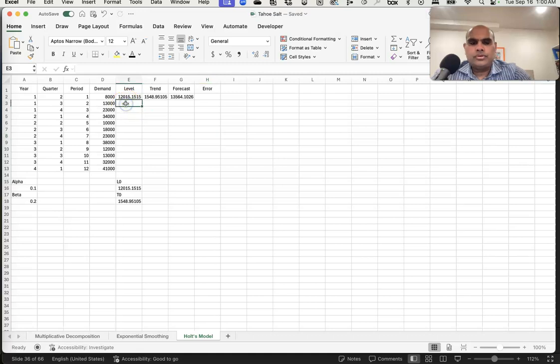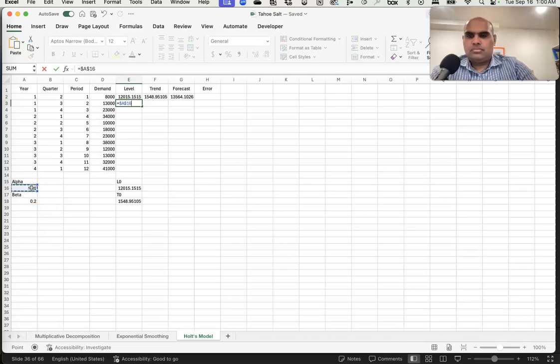So this is going to be alpha, which is 10%, times the current demand plus 1 minus alpha times the previous forecast, right? This is the current demand and this is the forecast, exactly what we did in the previous example, and that's what we're going to do here.